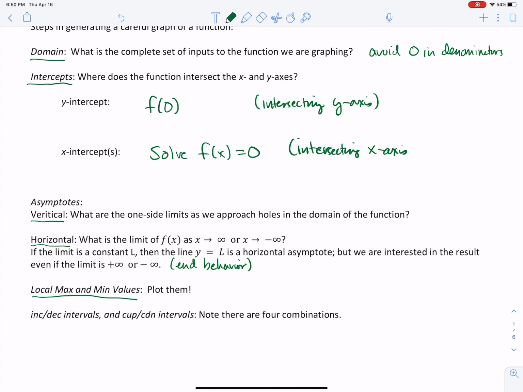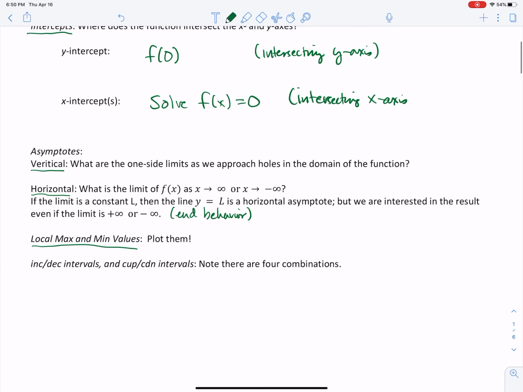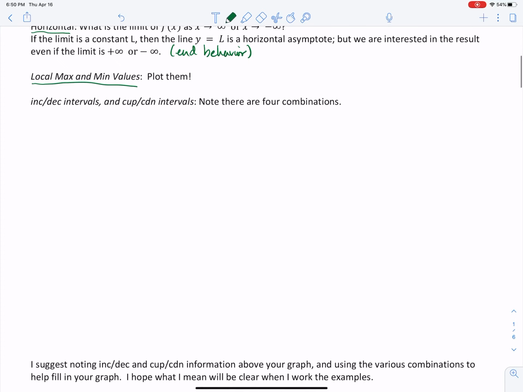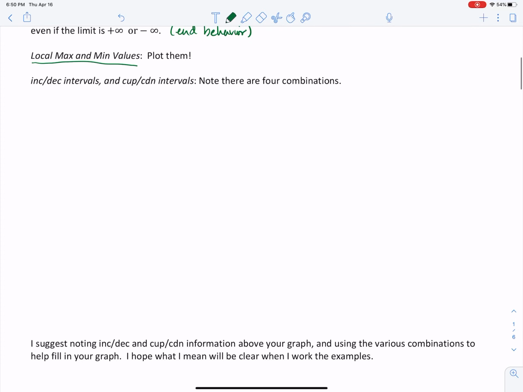And then the other big thing, we want to try to use what we've learned about increasing, decreasing, concave up, concave down intervals. And we want to remind ourselves that there are 4 different combinations of these things. So I could have a graph that looks like this, a graph that looks like this, a graph that looks like this, or this.